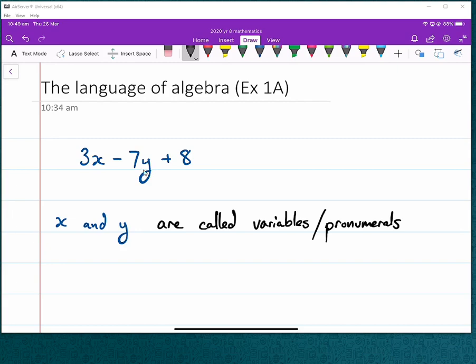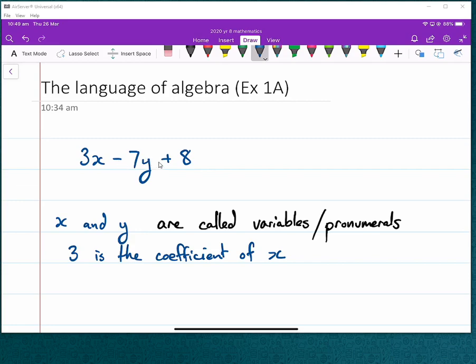The thing that's in front of the pronumerals is called the coefficient. So we would say that 3 is the coefficient of x. The y term, though, we would actually keep that negative with the 7.